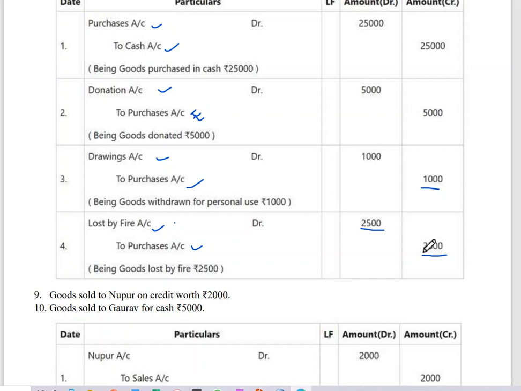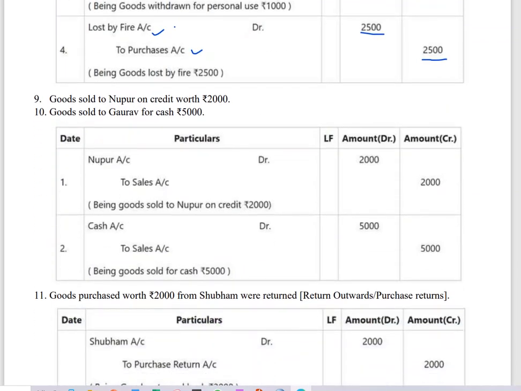Now that means around 16,500 worth of goods is left, right? To show that we are crediting the transactions here to the purchase account. So when we bought the goods, we debited 25,000, but when we donated it, or drew it, or lost it by fire, we credited that to the purchase account. That is how it hits the ledger accounts.